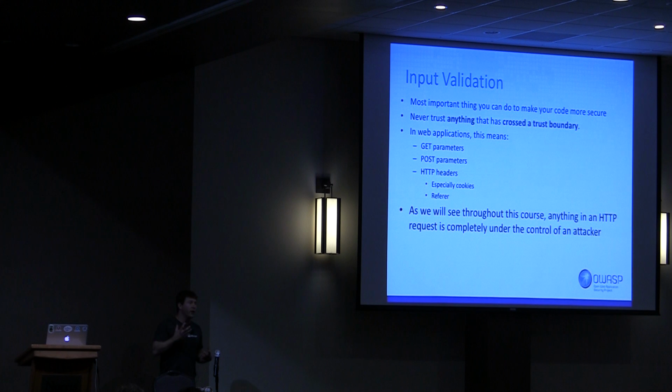That's a paradigm shift for a lot of developers that can be challenging to make, but from a thinking standpoint, that is the way to view anything in that HTTP request. The most common things you'd be accessing would be GET parameters, POST parameters, and HTTP headers, especially cookies, but also referer headers and things like that. Anything in an HTTP request is completely under the control of an attacker.